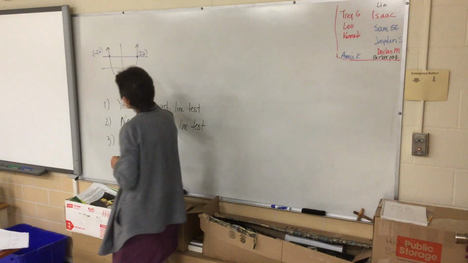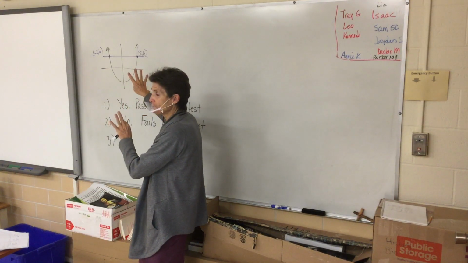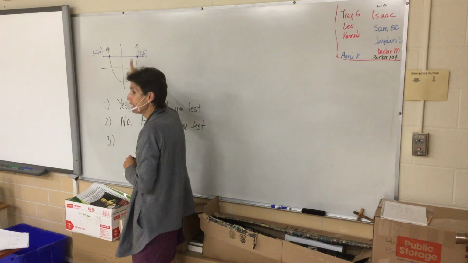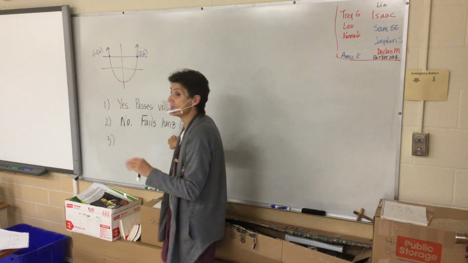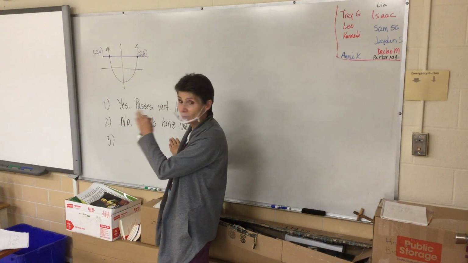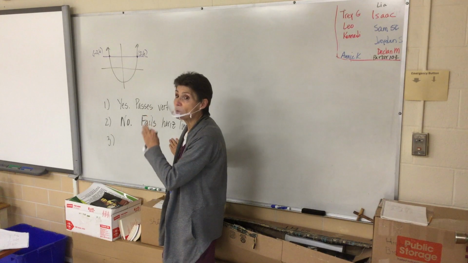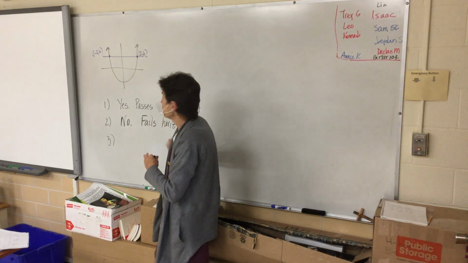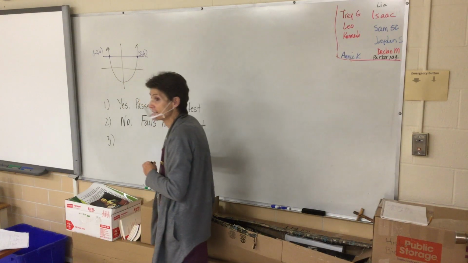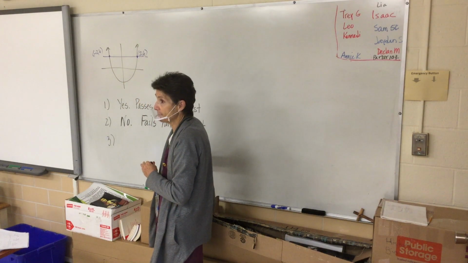So you can look at one picture and tell if it's a function, yes, vertical line test, and if its inverse is a function. You don't even need to draw the inverse. I don't know what the inverse looks like, but I know it's not a function, because if it is, it would have to pass the horizontal line test. And it doesn't.